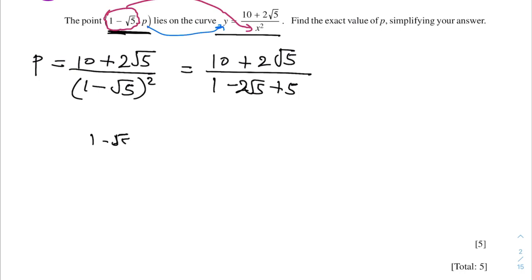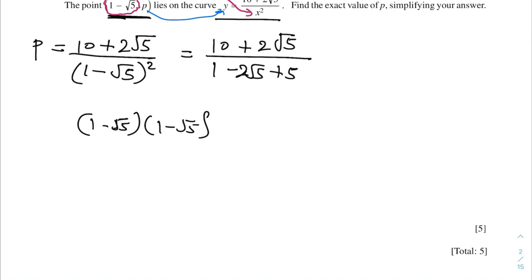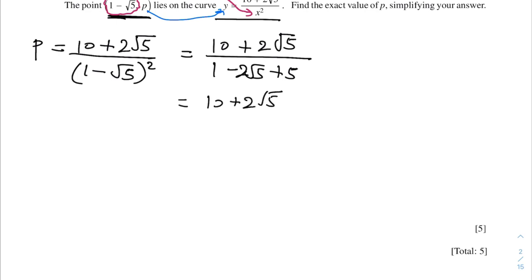Expand this thing out, really. And I believe you get the same answer, okay? All right, so that means we have 10 plus 2 root 5 all over 6 minus 2 root 5.